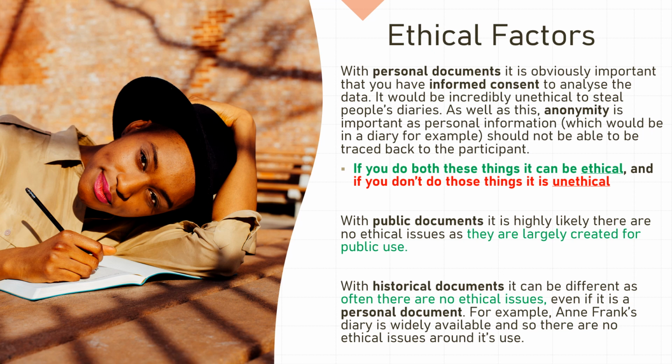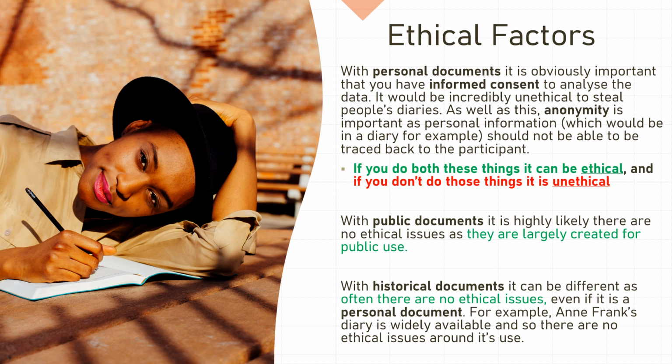And the other really important ethical issue with personal documents is making sure that the data that you publish and your conclusions can't be traced back to any individual participants. So anonymity, keeping your participants anonymous, is really important. If I published your name and your address and said in their diary they would blah blah blah, that's really unethical too.